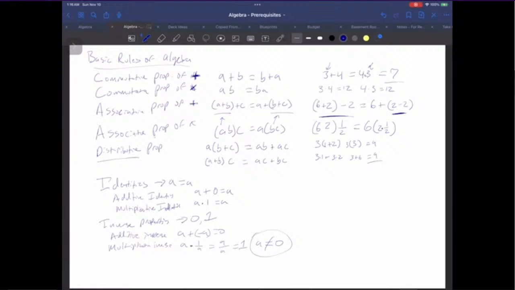Because subtraction is defined as adding the opposite, the distributive properties are also true for subtraction.